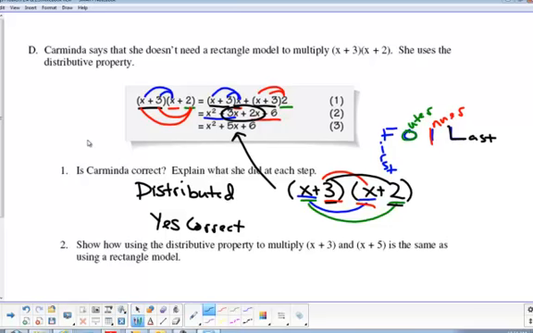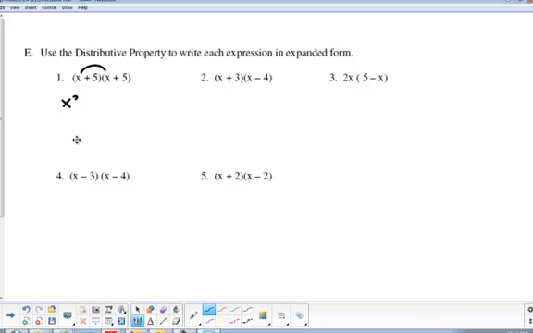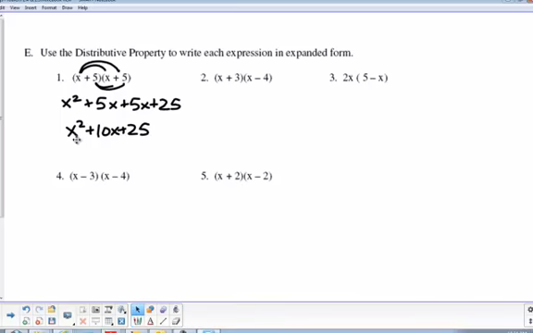We're going to skip number 2 because I actually just did it above. So we're not going to necessarily draw a box right now, and we're just going to distribute. X squared plus 5x plus 5x plus 25. Why don't you go ahead and pause right now and try the next one, and you can do this for each of them and see if you're getting the right answer on your own.